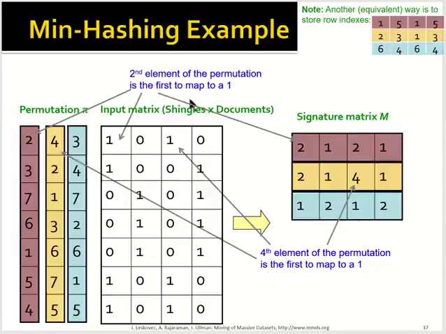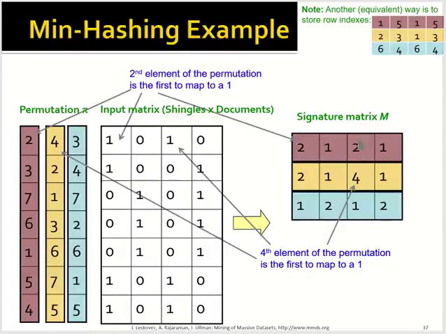For example, in this row, the ones have 2 and also a 1 here. So the smallest number is 2. That's where the 2 comes from. And in this row, all the ones have 7, 6, 1. So the smallest index is 1. That's where the 1 comes from.